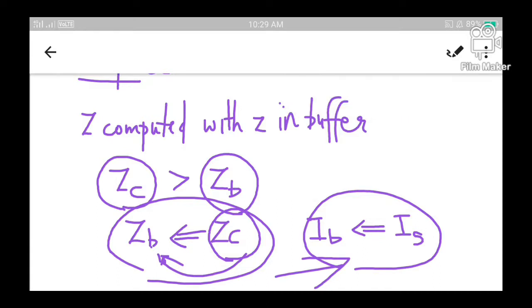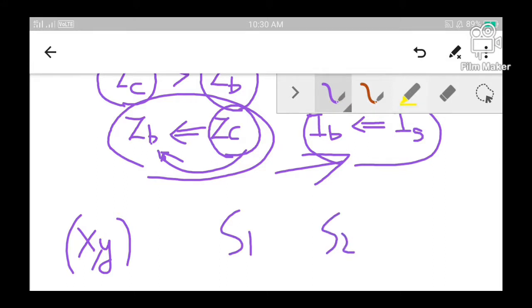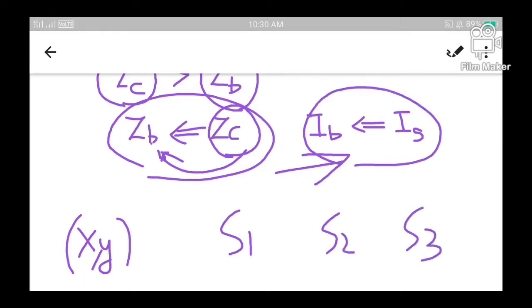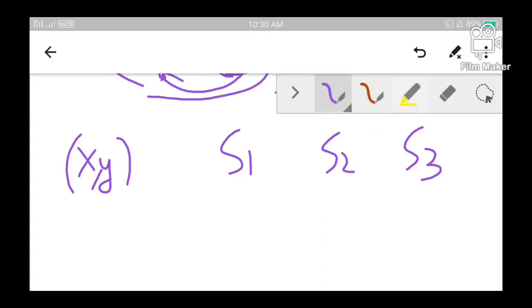suppose I am having 3 depth values for a pixel xy. This is the pixel xy corresponding to surface S1, corresponding to surface S2 and corresponding to surface S3. I will be having 3 different depth values. The Z corresponding to S1 will be, say for example, 17.